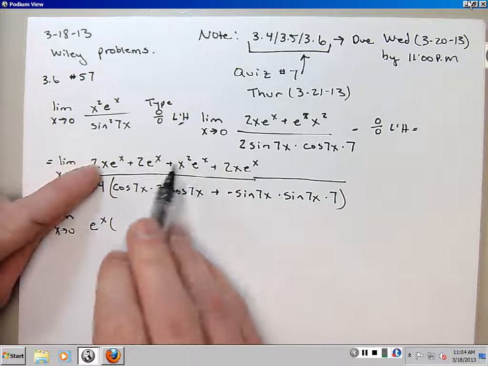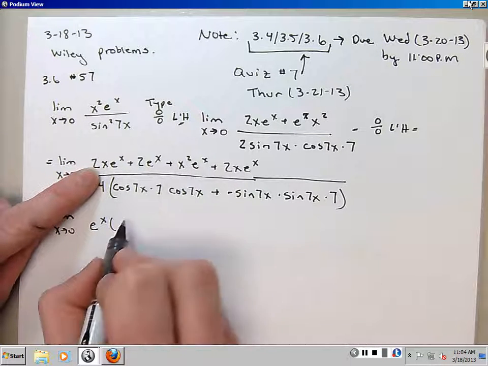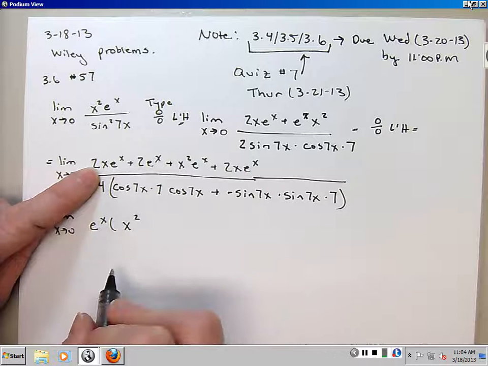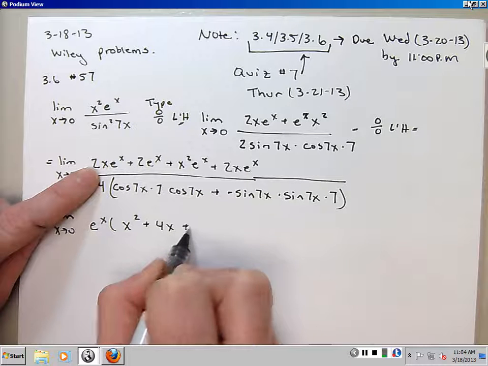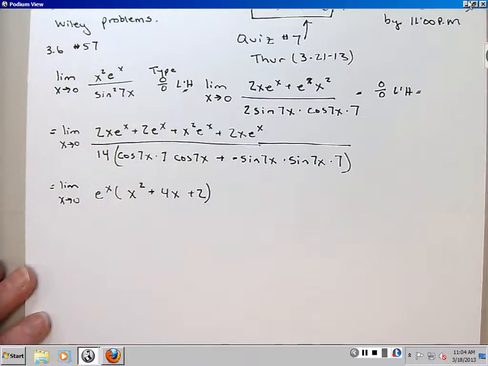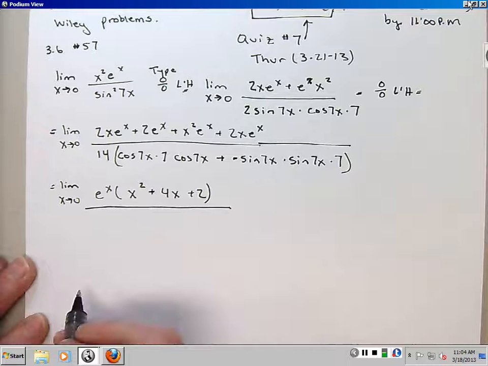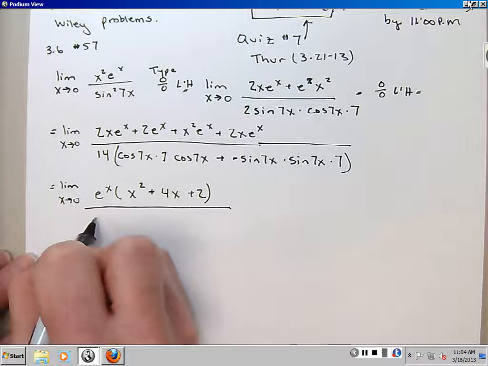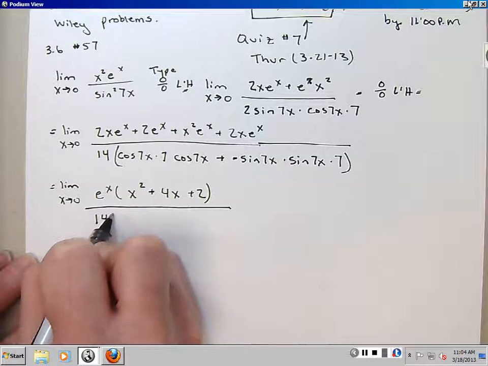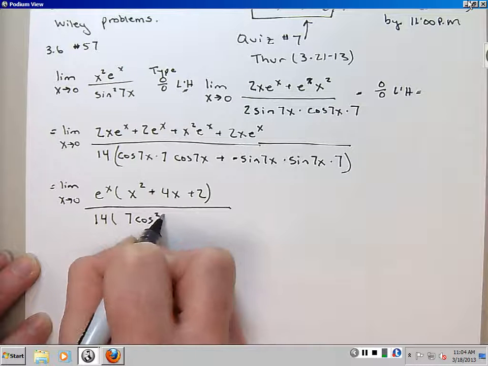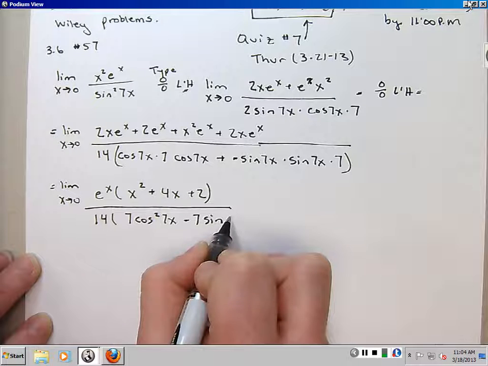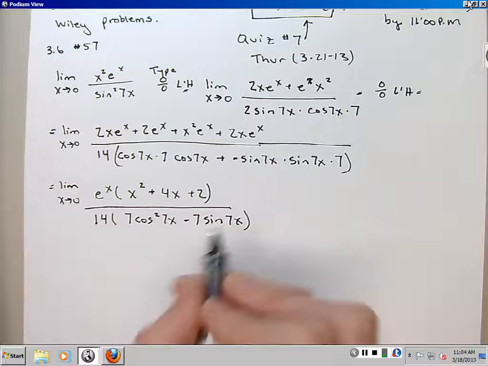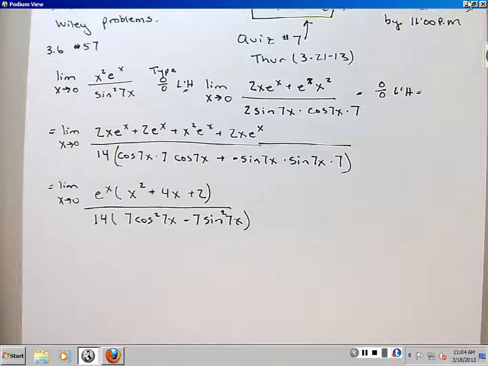What am I left with? x squared plus 4x plus 2, over 14 times 7 cosine squared of 7x minus 7 sine squared of 7x, sorry. Sine becomes cosine, and cosine becomes minus sine.